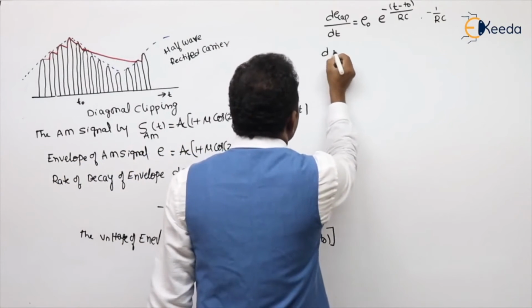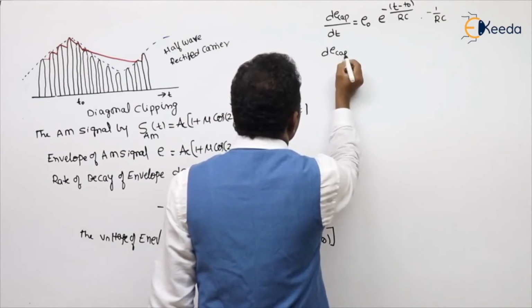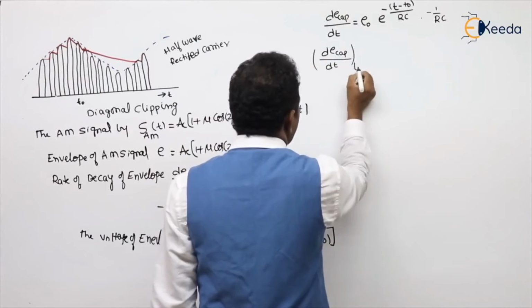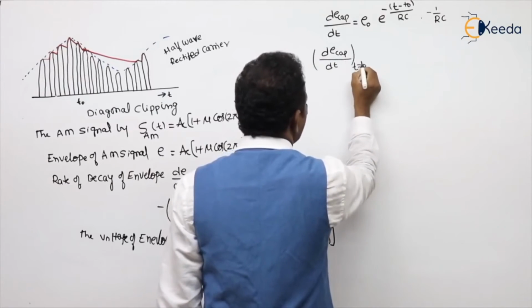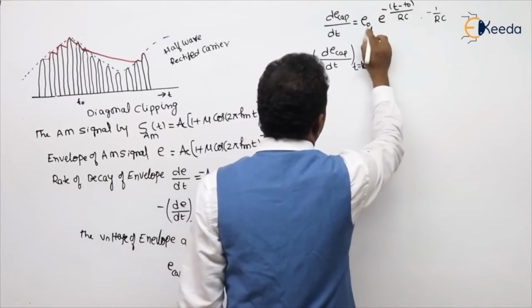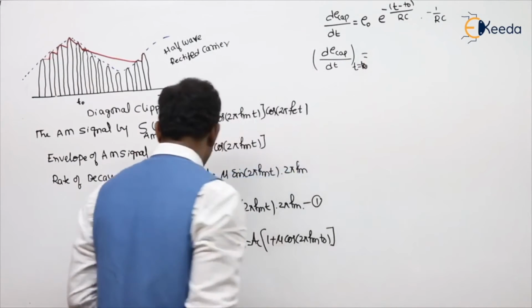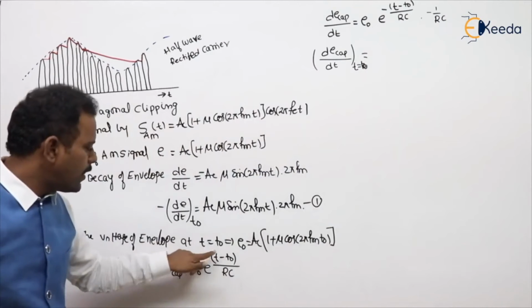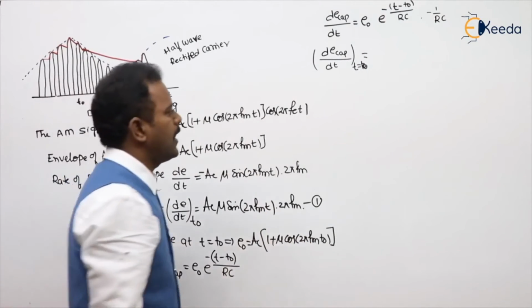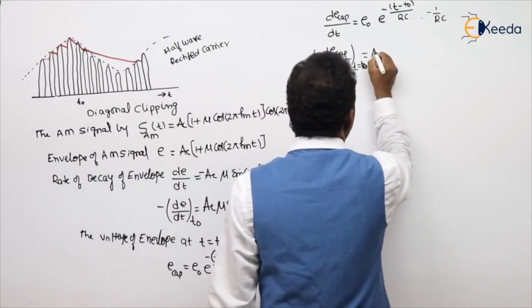Now what is the rate of a discharging capacitor at some time t equal to t naught? Substitute. I am substituting this E naught value also. What is the E naught value? AC into 1 plus mu cos 2 pi Fm t naught. I am substituting that value also. So what you will get?